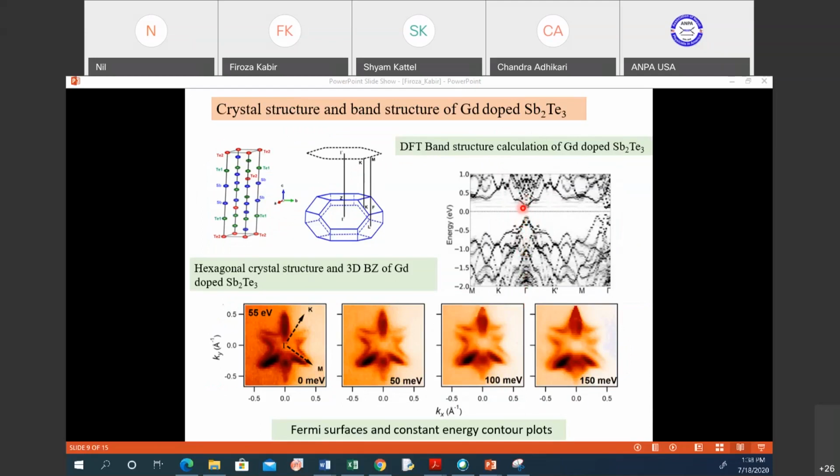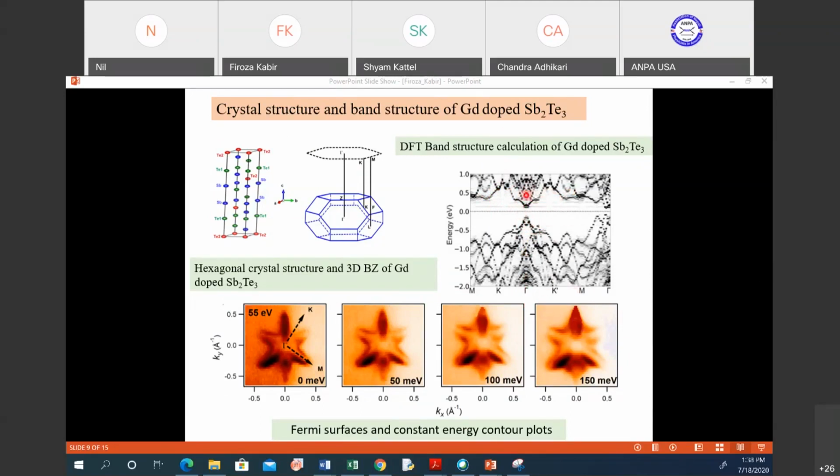The whole valence band here is robust against Gd doping, whereas the well localized Gd 4f states produce a flat Gd 4f band here. It cuts through the conduction band and hybridizes with this electron-like conduction band.